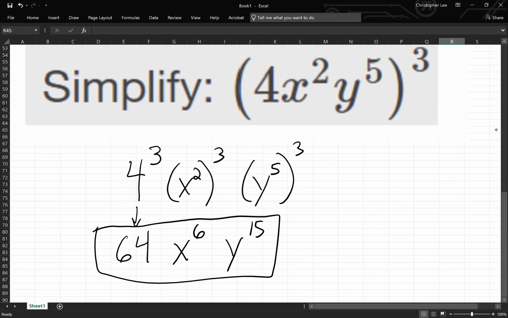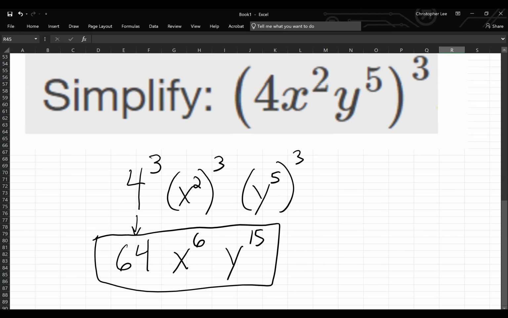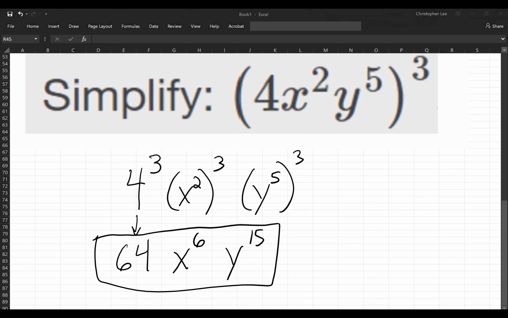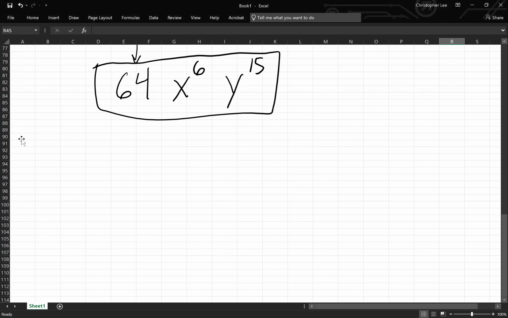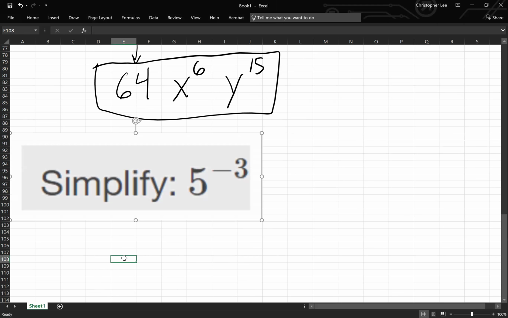Okay. Let's try another question. Ooh, this one is an oldie but a goodie. How about this? So I want to simplify 5 raised to the negative 3 power.